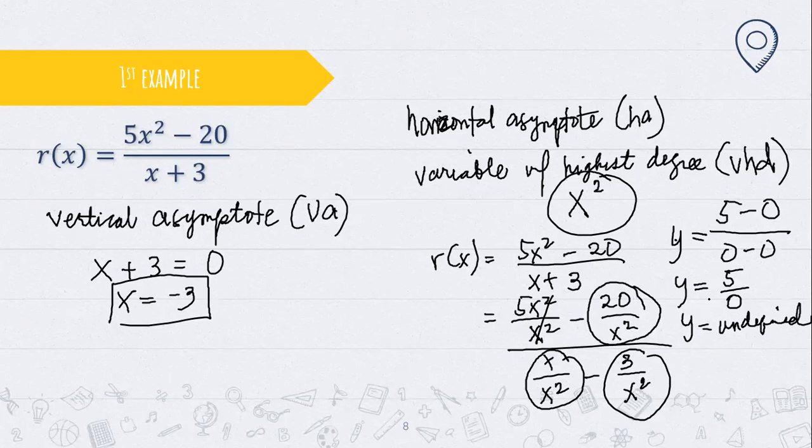Ibig sabihin, kung undefined po ang ating horizontal asymptote, ibig sabihin, we don't have horizontal asymptote. So, ang final answer dito, class, is not undefined. Instead, we have no horizontal asymptote. Ayan. Kasi wala eh. Wala tayong na-compute. So, wala siyang horizontal asymptote.